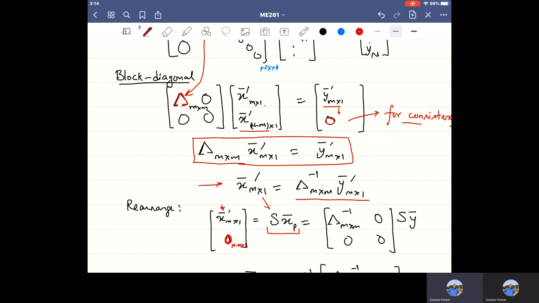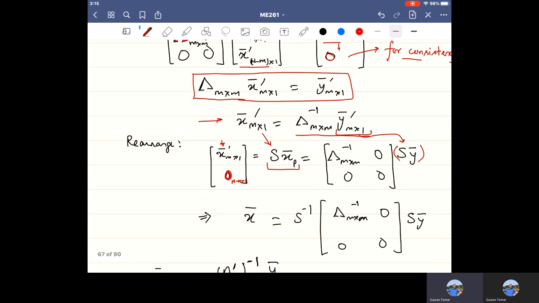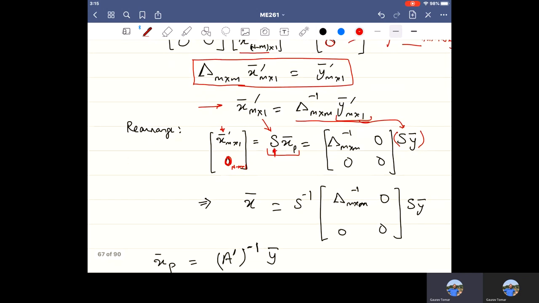This is the left hand side, and the right hand side, same way, y m cross 1, the same matrix S, you can write as S of y. Now you can take this S to the right hand side.